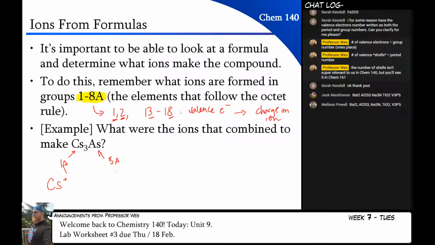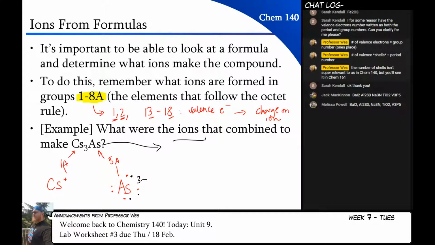Whereas elements in 5A have 5 valence electrons, and they would need an additional 3 to reach their octet.